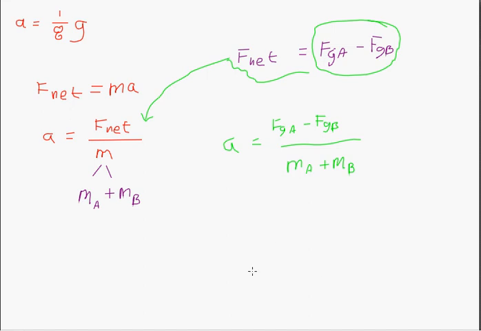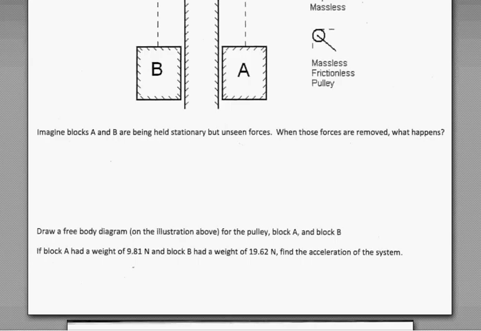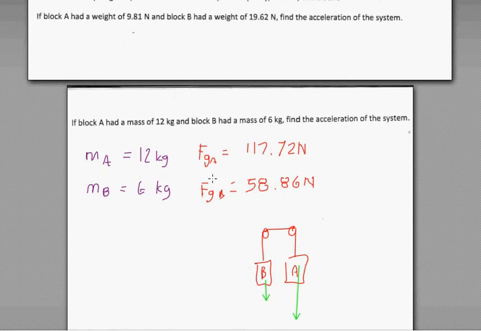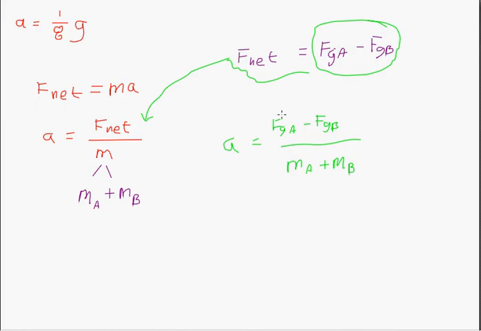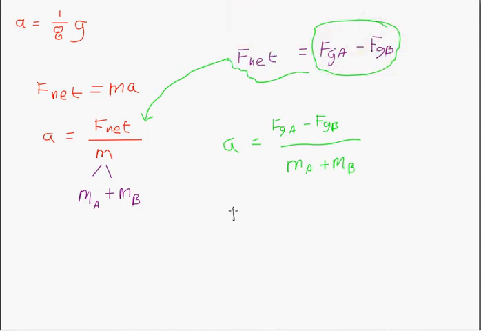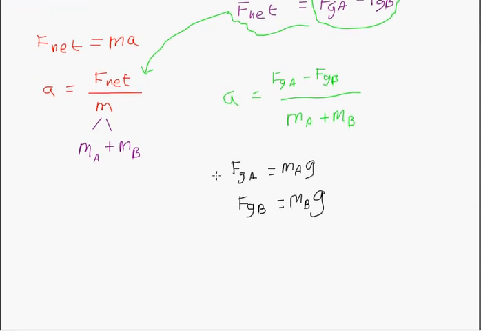So we're almost to the point where we want to realize things. Now, we can even go back and take a look at the previous page. But remember, mA and FGA can be found similarly. So what I want to do is make this term up here in terms of masses. Hopefully you remember that FGA equals mass of A times g, and FGB equals mass of B times the acceleration due to gravity.